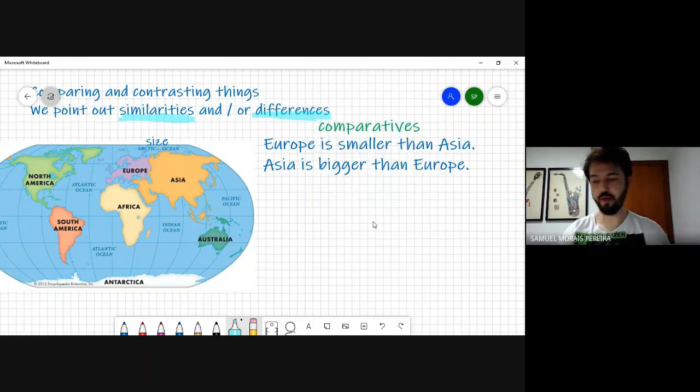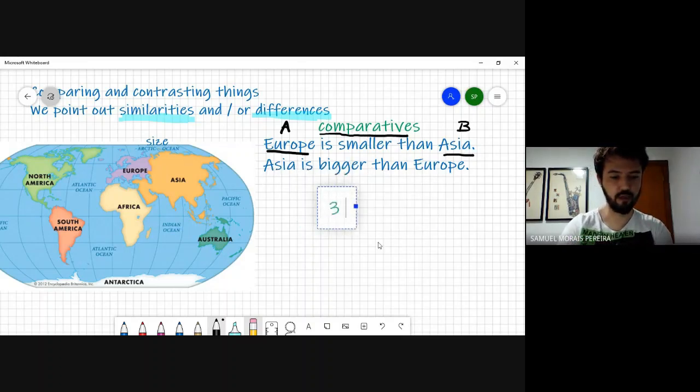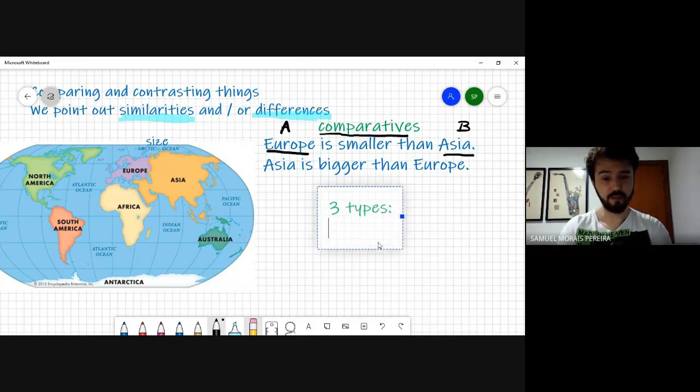So when I compare one element, an element A, to another element, an element B, I use a structure called comparative, okay? Comparative. And I have three types of comparatives, okay? So we have three types. We have the comparative of superiority, okay?